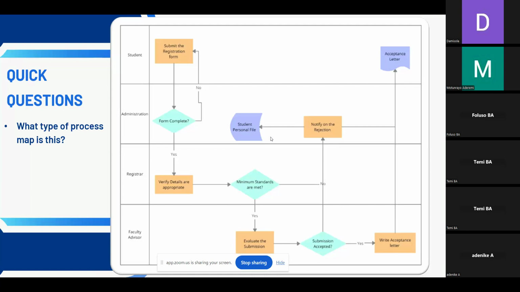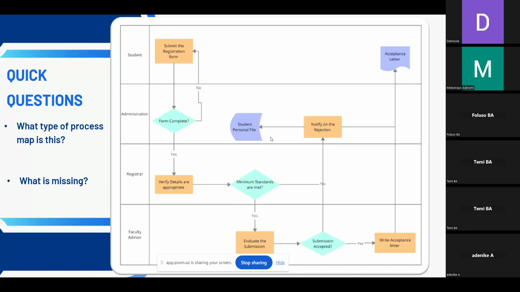Would you like a swim lane process map? And they're like, fine, no problem. So I created a swim lane process map for that particular process in order to capture the sequence and the activities and all of that. A lot of people use swim lanes, but technically both are correct. So it's either a cross-functional process map or a swim lane map.